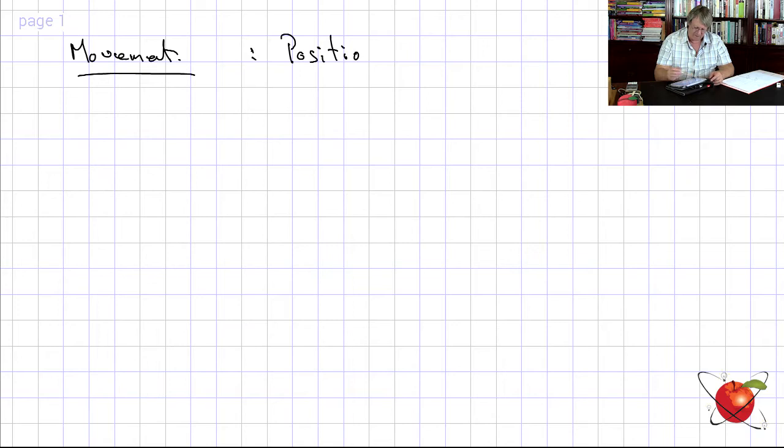Now, let's have a look at movement. First of all, let's have a look at position. Position, generally speaking, we've got an origin.